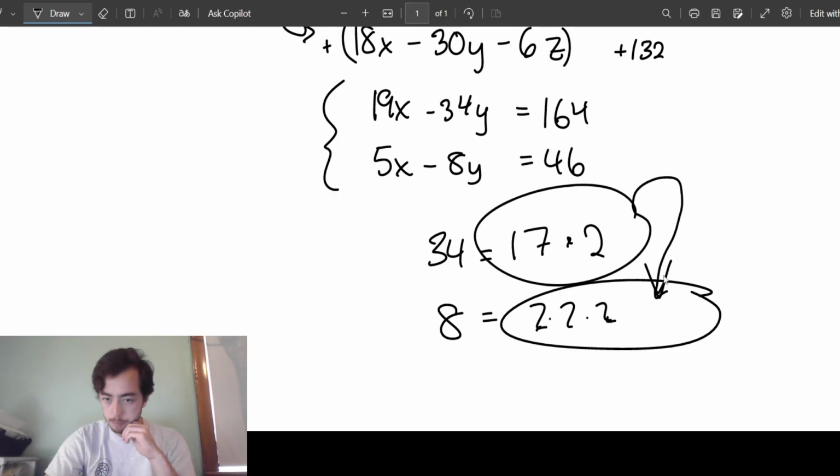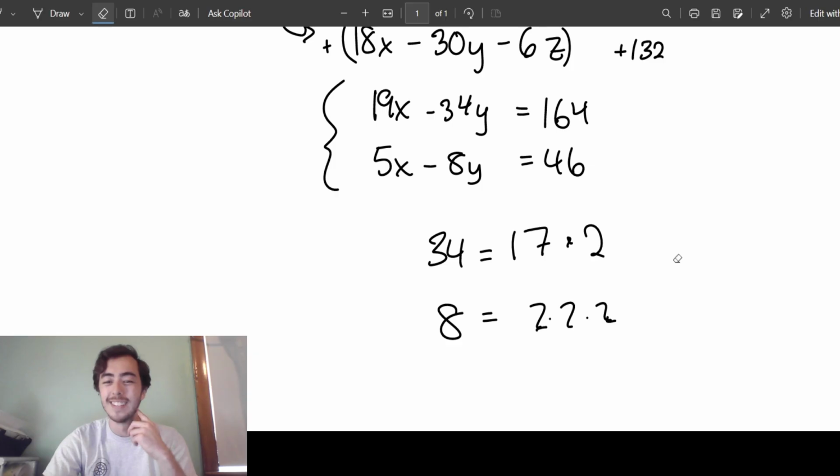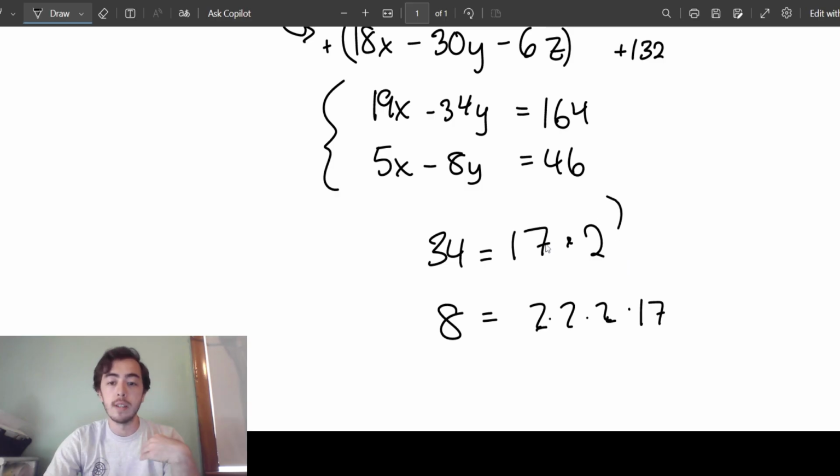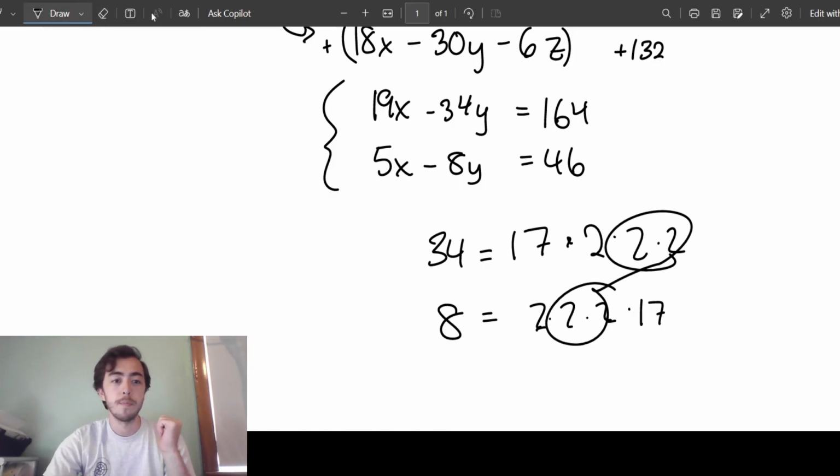I need to have them share, essentially. So I already see a bunch of 2's down here, so I don't need to multiply any 2's to my 8, but I do need to bring in the 17 because that wasn't down there. Likewise, I only have one 2 up here, and I need at least 3 to find a least common multiple.